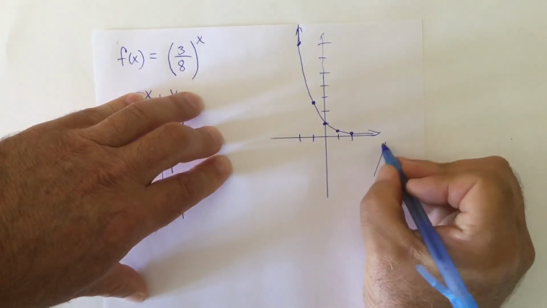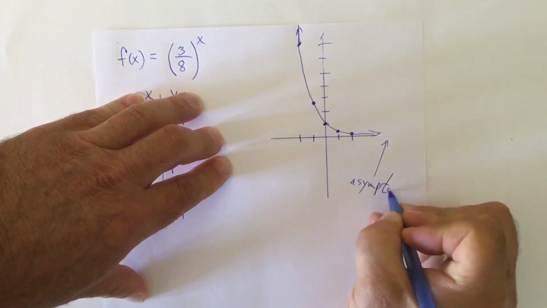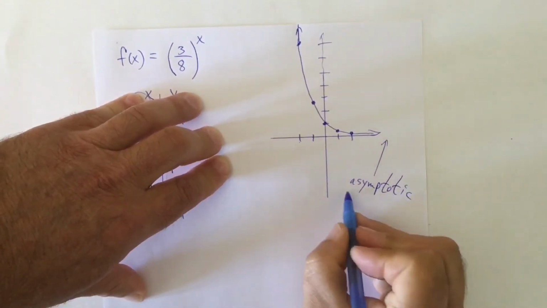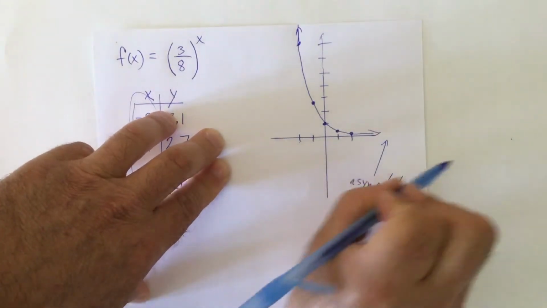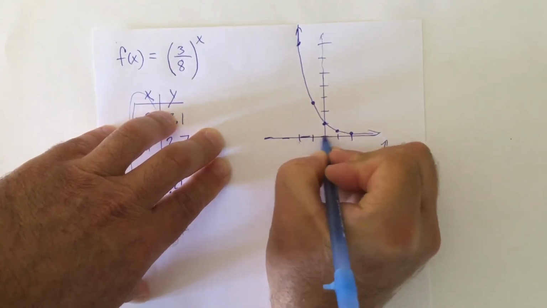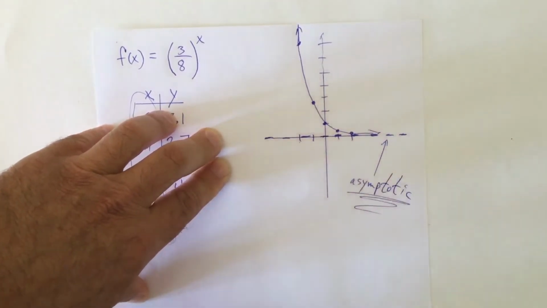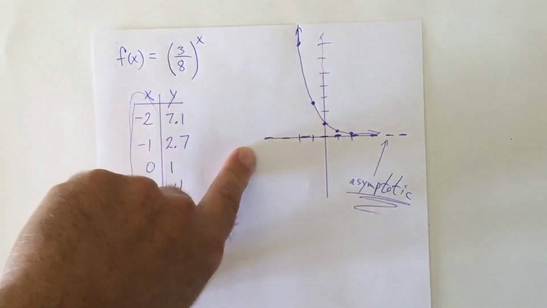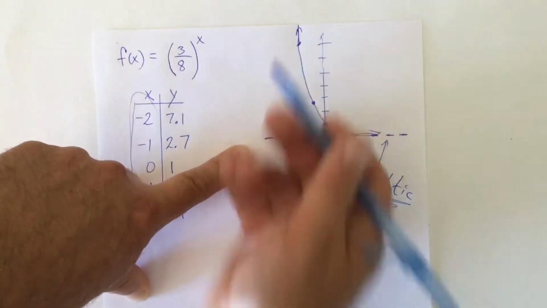Over here, it's going to become asymptotic to the positive side of the x-axis this time. So we want to make sure somebody knows there's an asymptote there. So we put a dashed line in our work. That's how you mark an asymptote for somebody. I will ask you to do that when you graph. And then on this side, it's going up.